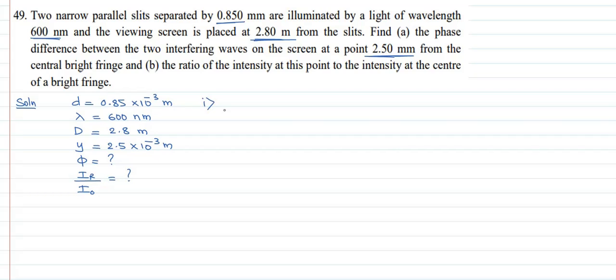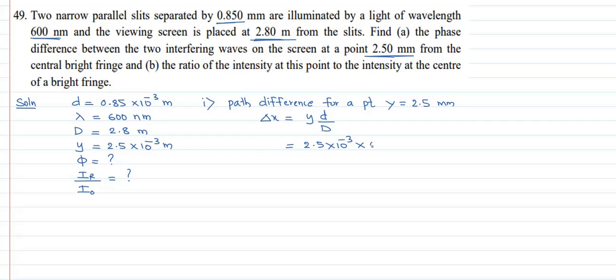First, we find the path difference for the point y equal to 2.5 mm. The path difference delta x is given by y into small d by capital D. Substituting, y is 2.5 into 10 raised to minus 3.